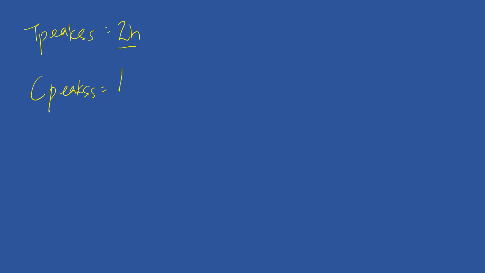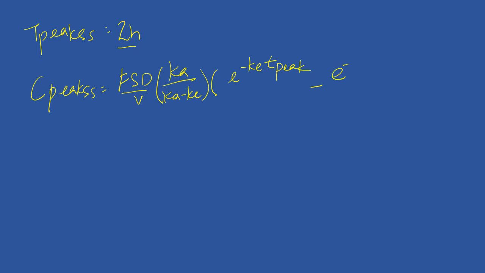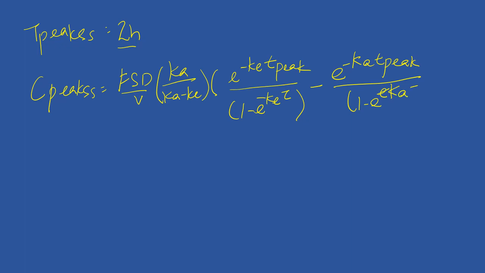First, recall the equation FSD divided by volume, Ka minus Ke, and e power negative Ke T-peak minus e power negative Ka T-peak, and then the accumulation factor 1 minus e power negative Ke tau, 1 minus e power negative Ka tau, right?